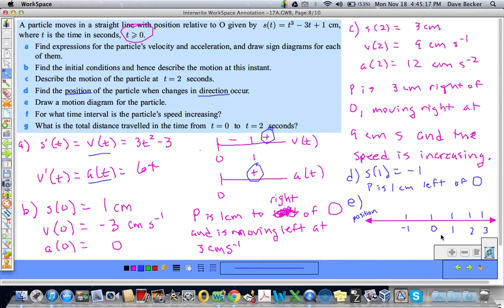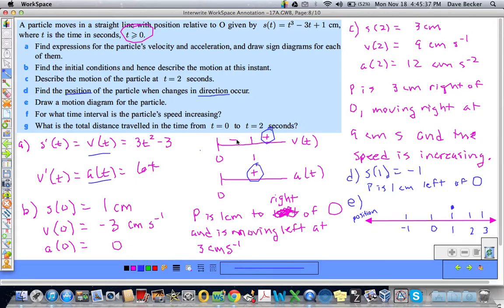What was the initial position of this particle, particle P? Well, the initial conditions have it starting at 1. So we'll put a point there, starting at 1. Then what happened? Which way was it going?